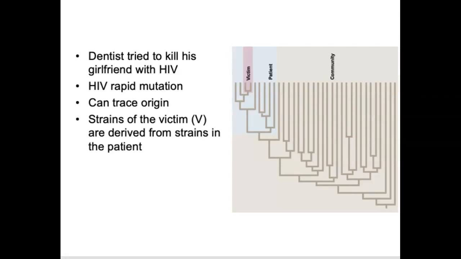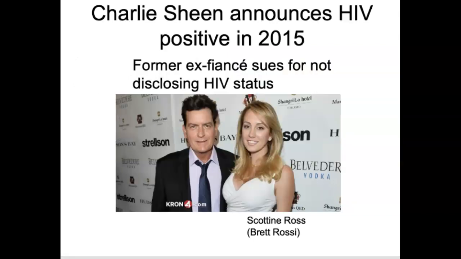One that you may find more relevant: those of you who know Charlie Sheen, back in 2015, he announced he is HIV positive. His former fiance, or ex-fiance, sued him for not disclosing his HIV status.